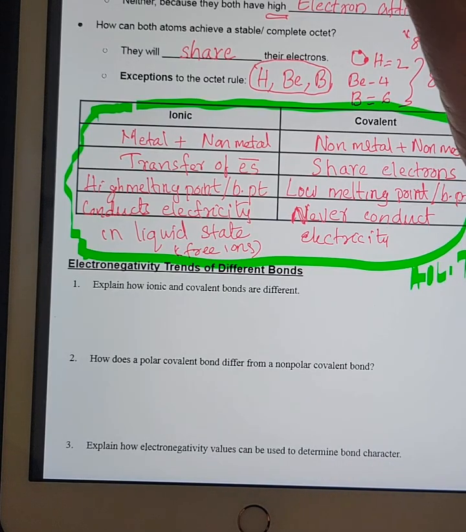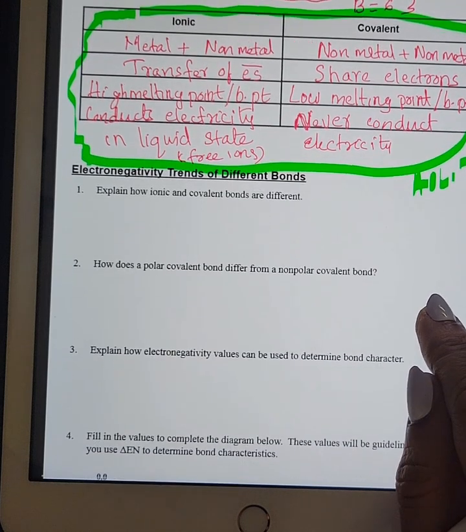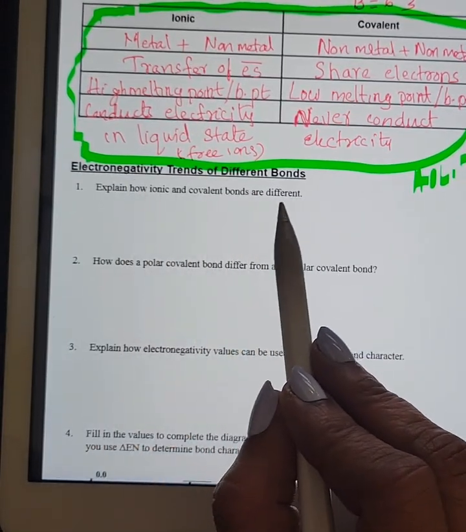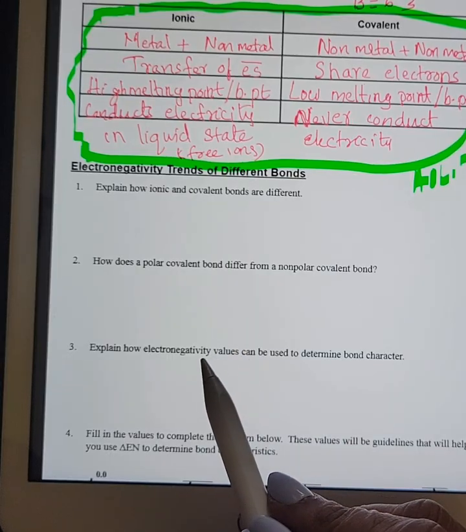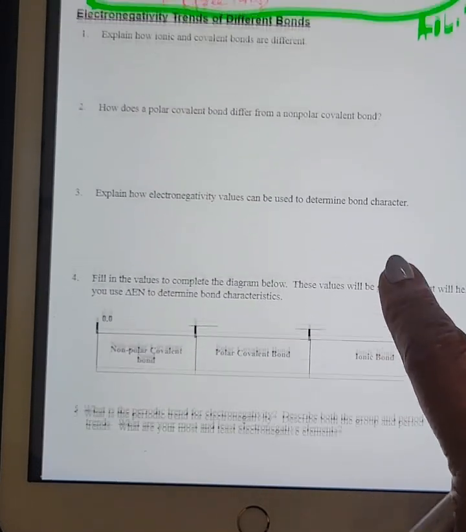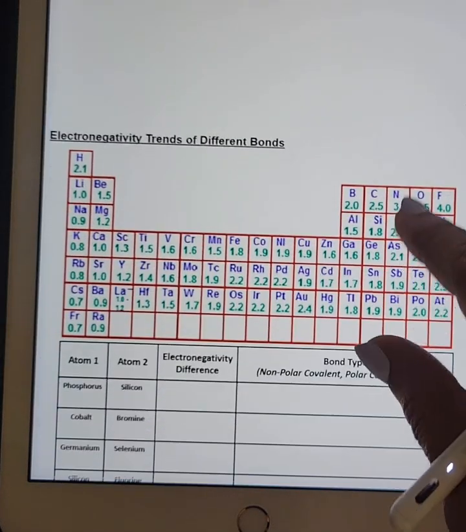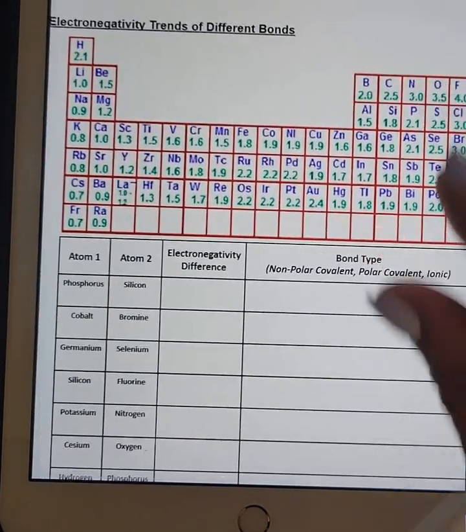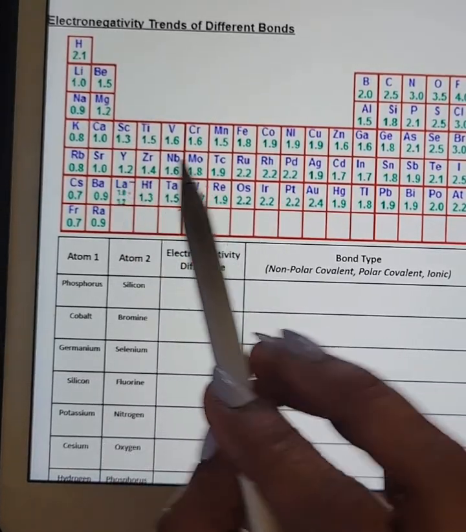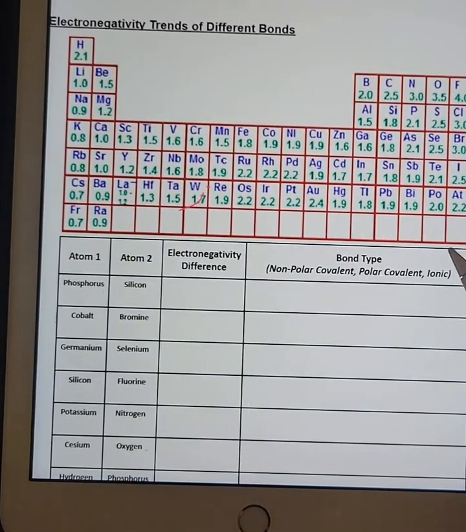Okay, let's go ahead and complete this one. I'm going to show you the electronegativity difference of different bonds. On the slides, you will see a table like this. It gives the electronegativity value of each atom.